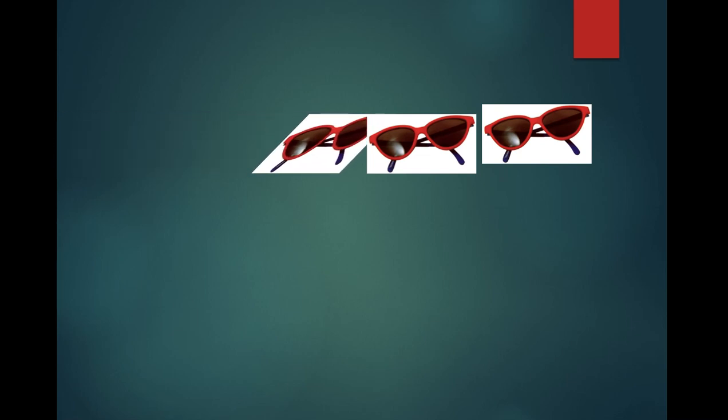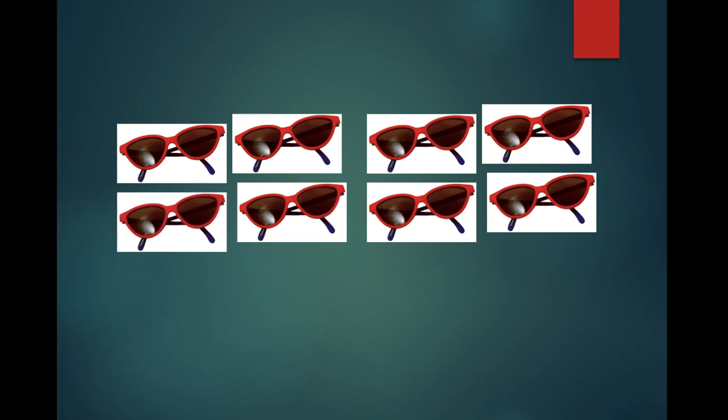Now, let's see an example. We have some goggles. As I am placing the pictures, count how many goggles are there. Well done. There are 8. So now let's try to divide these 8 goggles into equal half.